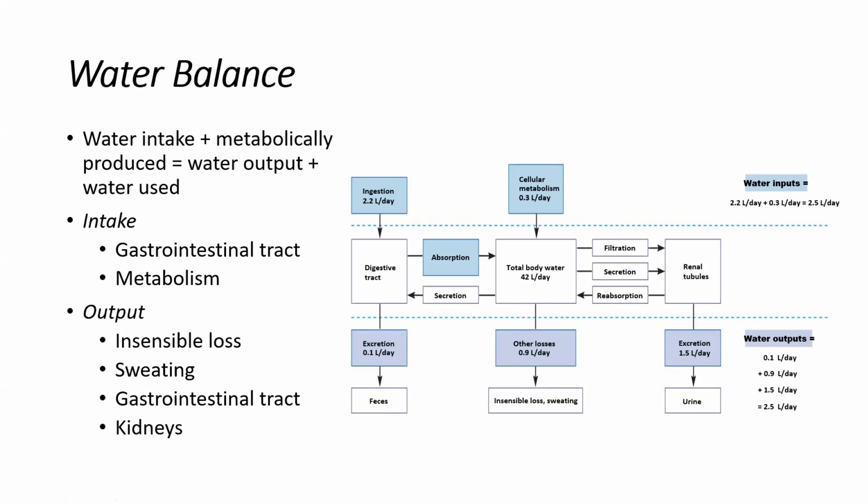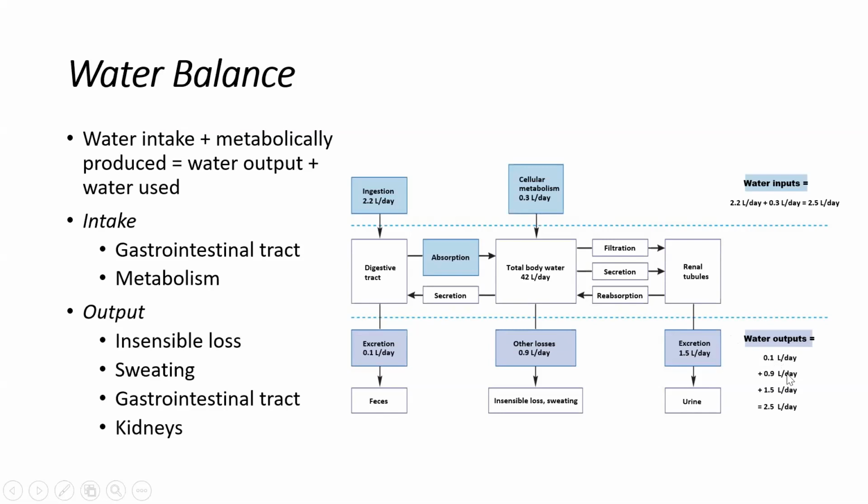So things like I mentioned earlier, mucus production, the water that is used to humidify air as a part of the respiratory tract, things like salivary secretion, sweating, all of that amounts to about 0.9 liters, which contributes to other losses. And then the bulk of it is about 1.5 liters per day, which is our urine excretion that happens through the kidneys, okay?